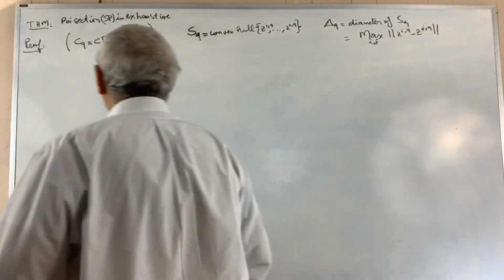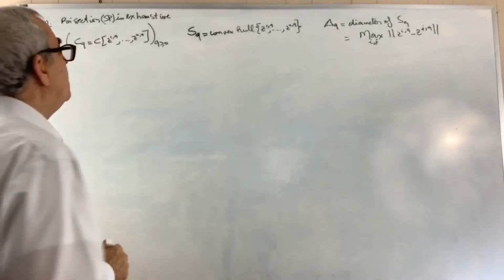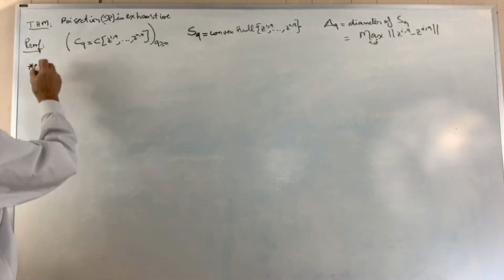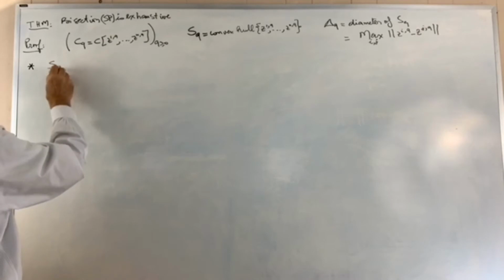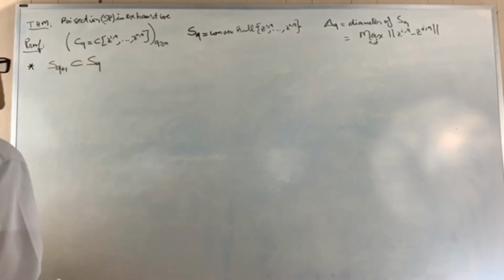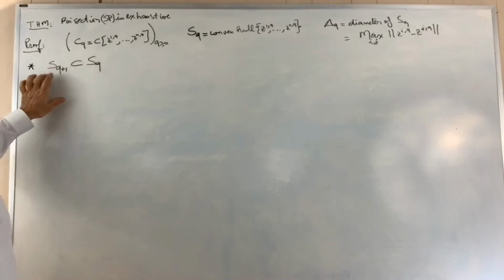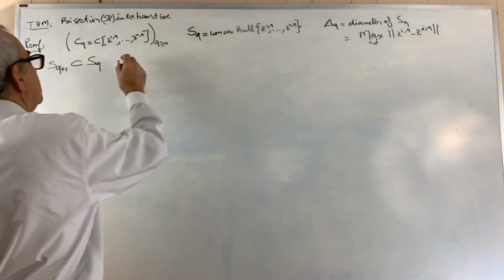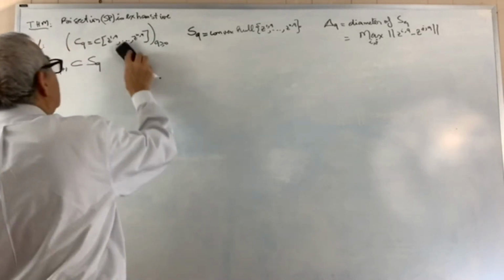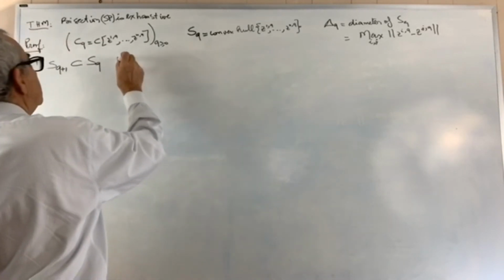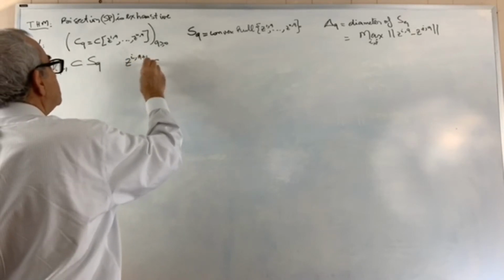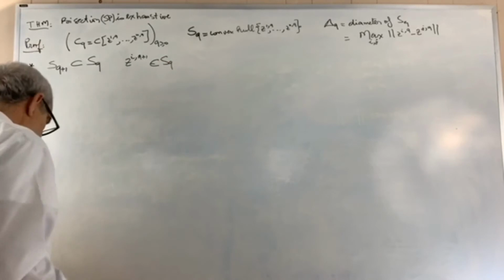Okay. So that's the background. Now, a very easy proof is that S_{q+1} is inside S_q, right? That's how we subdivided S_q and we got S_{q+1}. So therefore, the vectors Z_i^{q+1} belong to S_q, right?